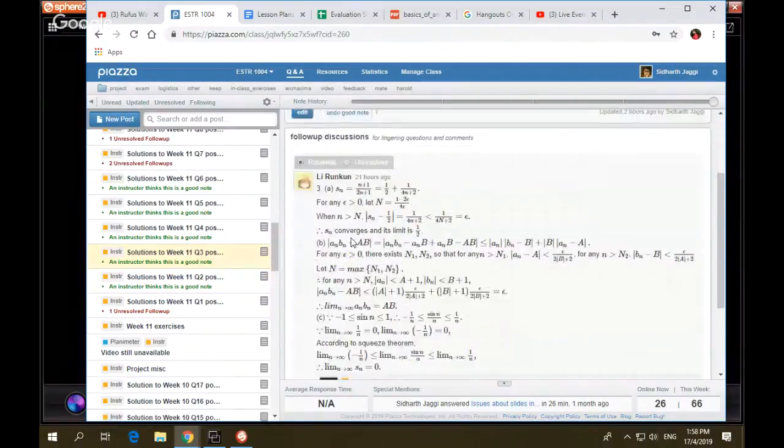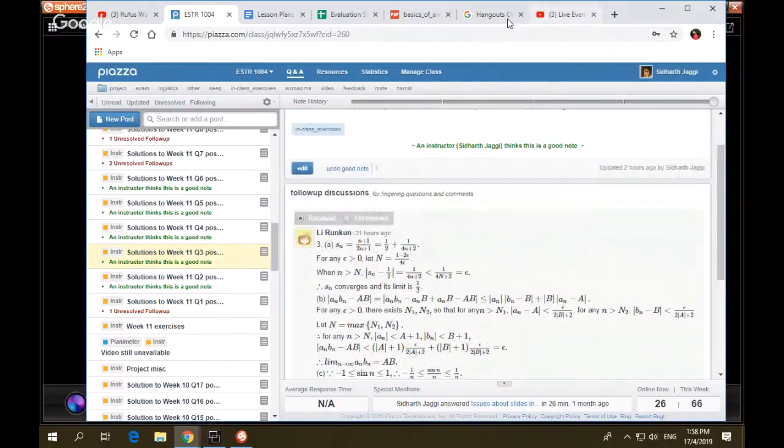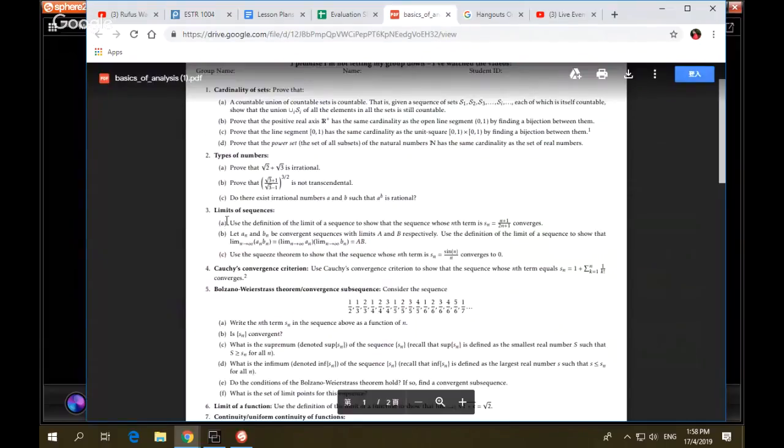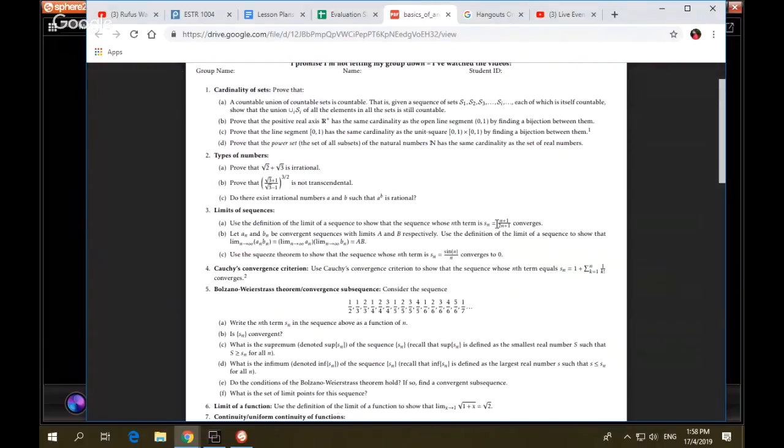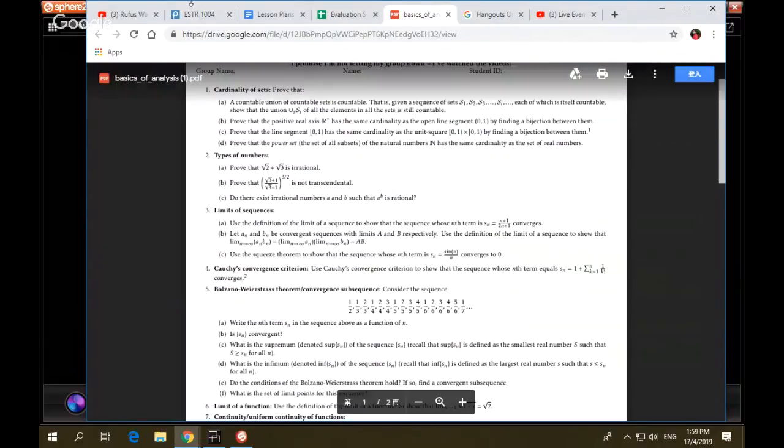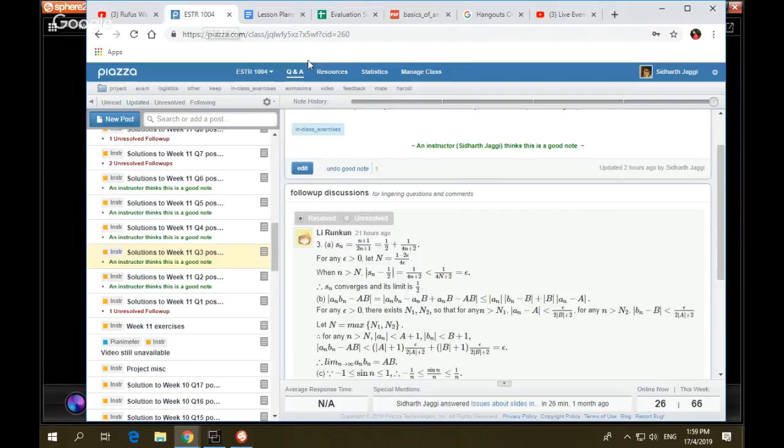Question number 3, Martin over here gave a nice solution. Question number 3 was asking you to prove, for example, formally that n+1 over 2n+1 converges to a half, using epsilon delta notation, and he's able to show that.